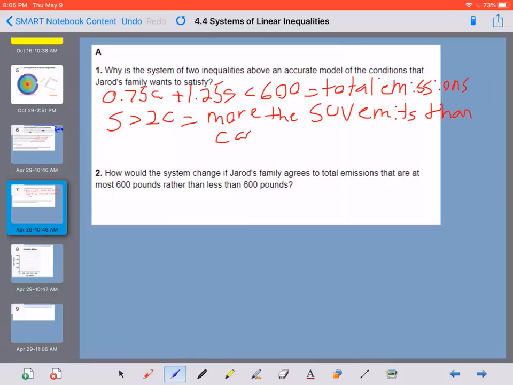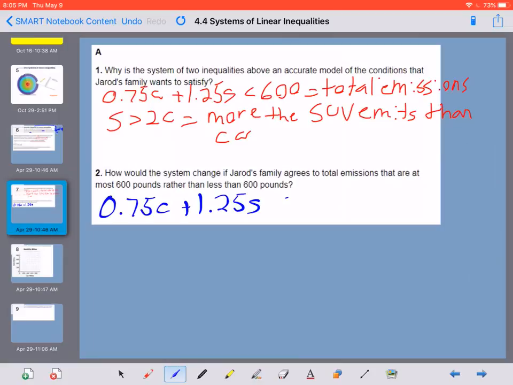Now it says, how would the system change if Jared's family agrees to total emissions that are at most 600 pounds rather than less than 600 pounds? Well, for one, we're going to have 0.75C plus 1.25S. Instead of less than, it's going to be at most.